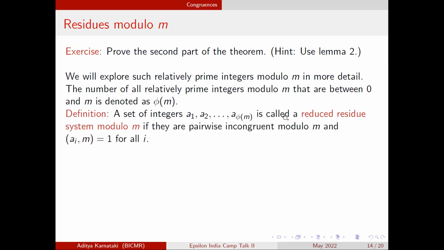And we have the concept of a reduced residue system modulo m, where you have phi of m many integers, all of them pairwise incongruent, and the GCD of all of them with m is 1. You take all the relatively prime integers less than m, for example, it satisfies.